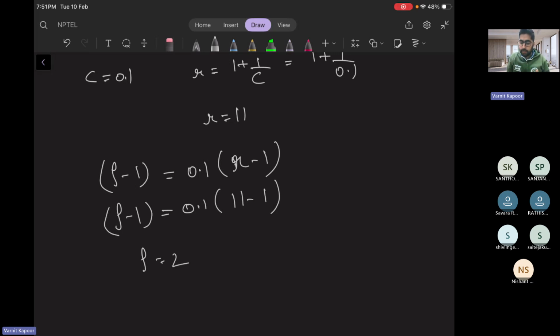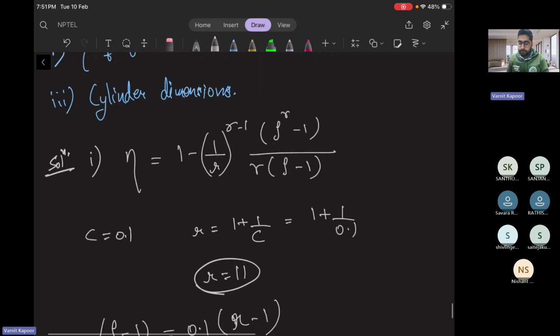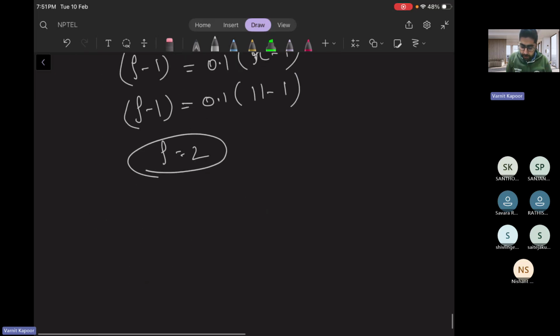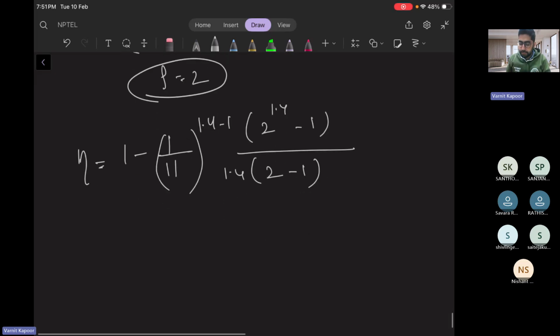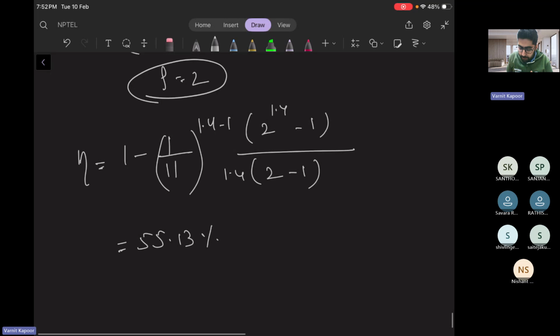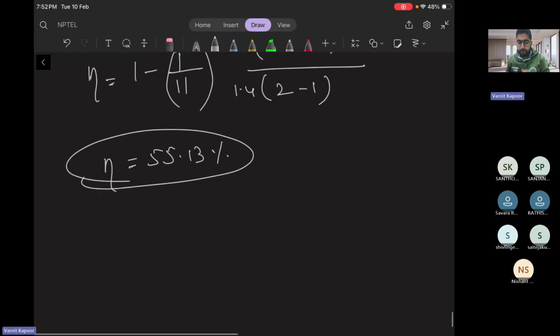Now put these values in the efficiency formula with gamma 1.4. The efficiency will come out to be 55.13%. This is your answer for the first part.